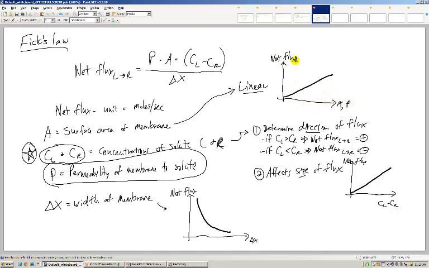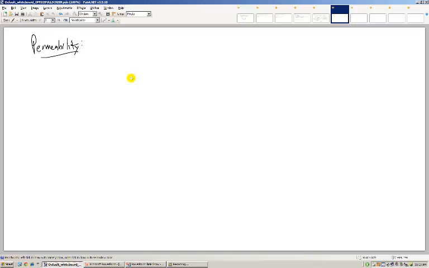Higher P, higher flux. The effect is linear, so doubling P gives you a doubling of flux. What are some of the things that can affect permeability of a membrane to solute? Let's make a little list. So, hydrophobicity.